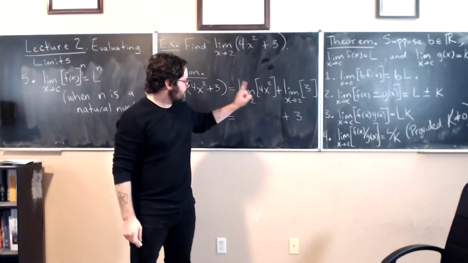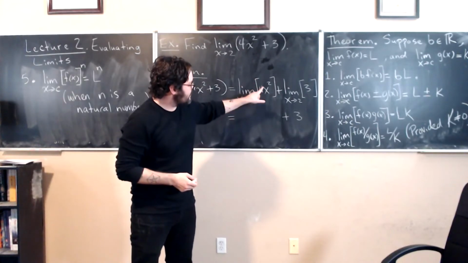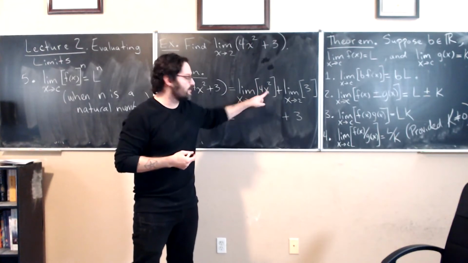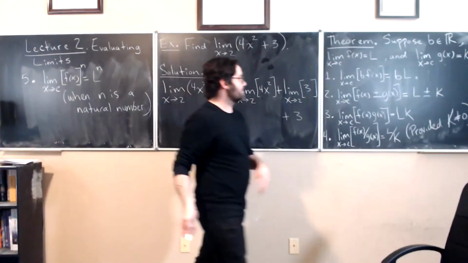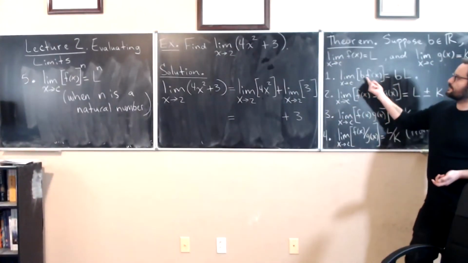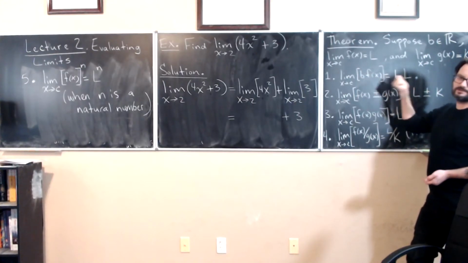Now, looking at this first piece, I see that I have a scalar multiple of that function. If I come back to this previous theorem, I see that you can essentially take the scalars outside of the limit and then evaluate the limit of the function on the inside.